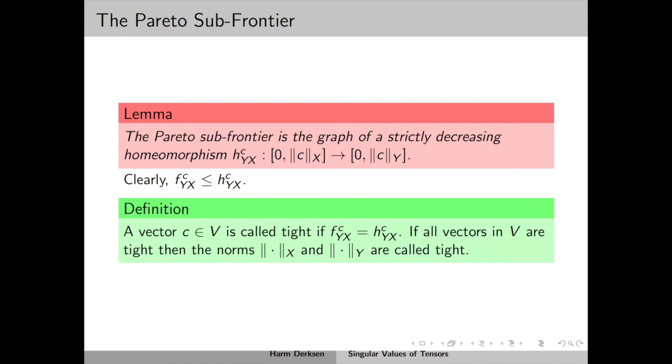It may not necessarily be convex like the Pareto frontier. Now, in some cases, the Pareto frontier and the Pareto subfrontier might be the same. In that case, I call the C tight. And if all vectors are tight, then I call the norms tight.